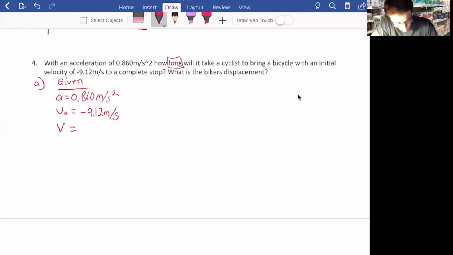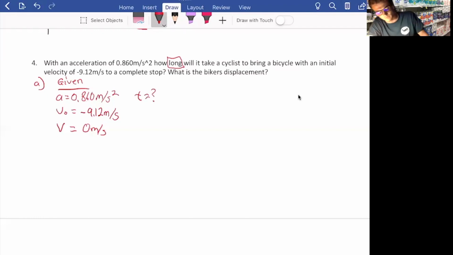In the book, or with another teacher, you might see VF and VI, so you can do it however you want, but I would stick to whatever the teacher is doing. So V naught is the initial velocity, and V is the final velocity. We have those two values, and that's about all it gives us. It doesn't give us anything about position yet. So what does it want from us? It wants how long it will take, so it wants the time.